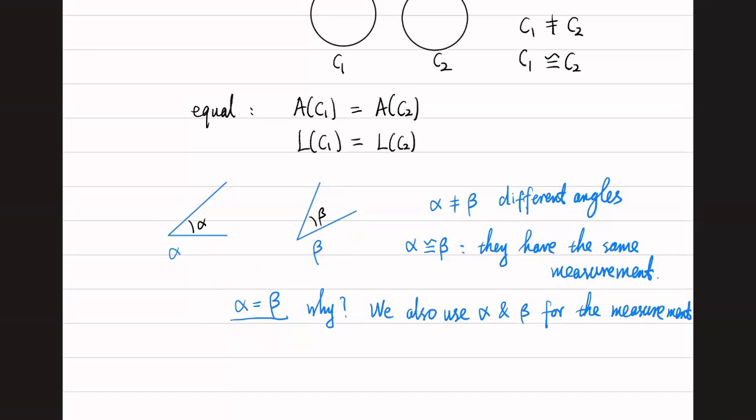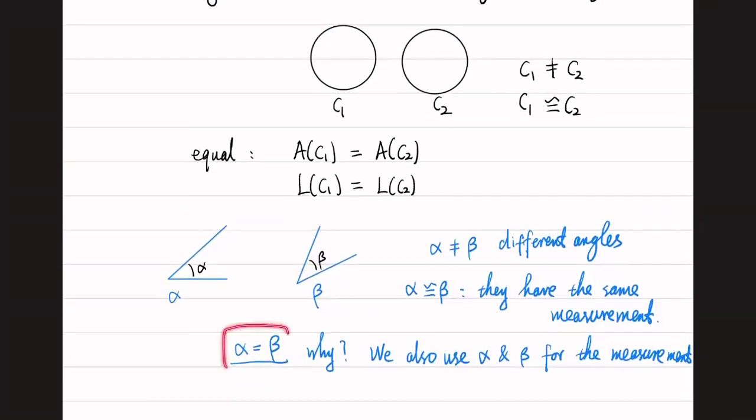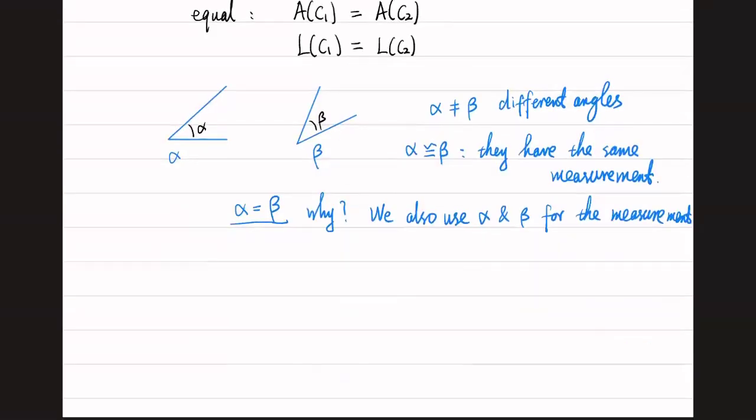Okay, so if we want to be very rigorous, we should use this notation for different angles, congruent. But very often I will use this equal sign because we have this measurement in our mind. For example, if I write an angle is a right angle, draw the graph, I will use alpha is 90 degrees.